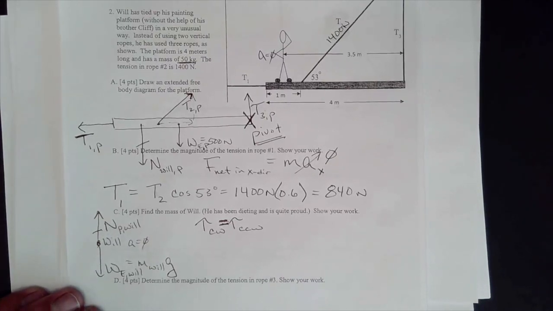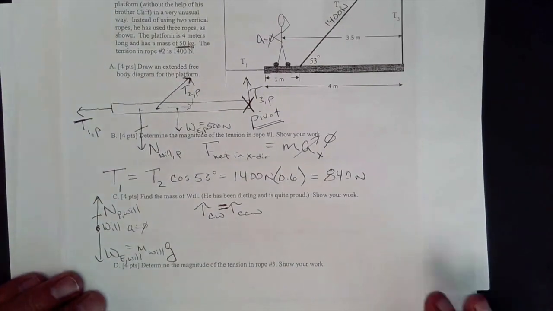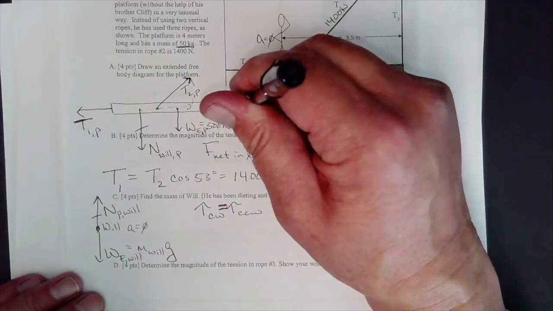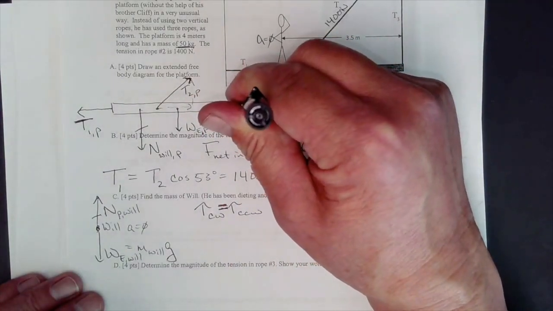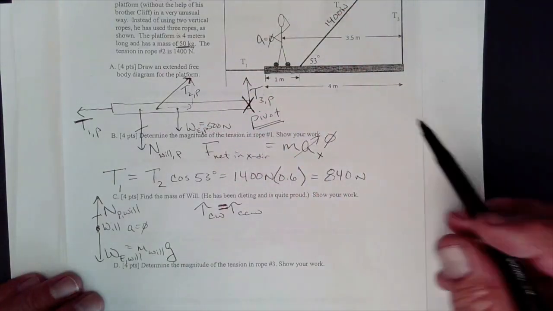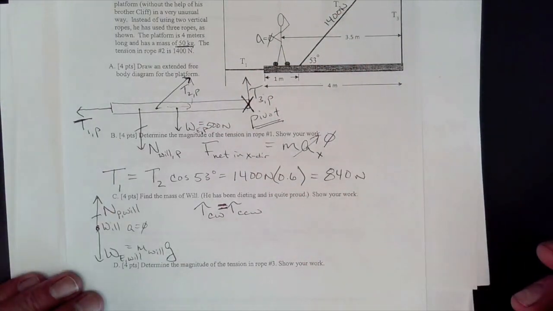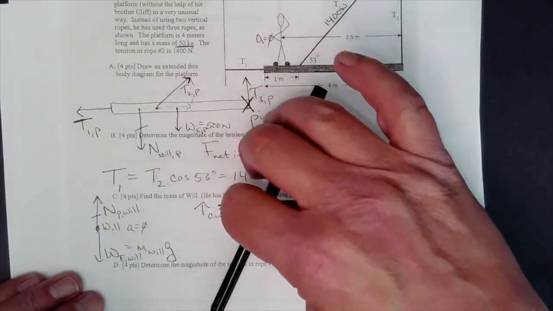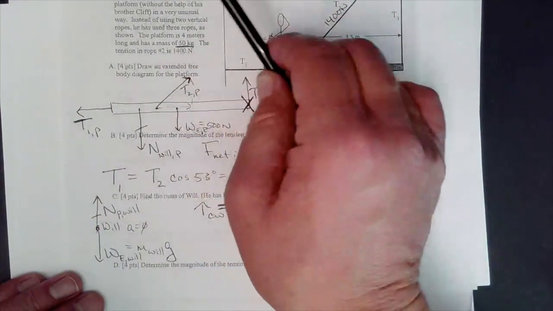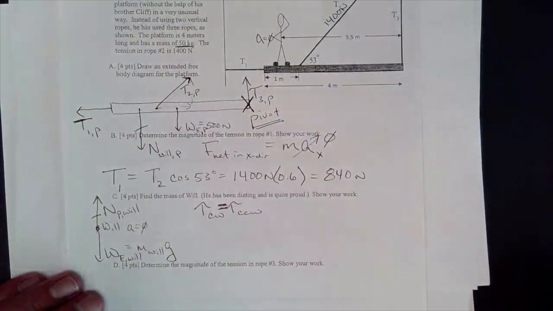Now, how do I choose what's clockwise and what's counterclockwise? Well, again, I use my imagination, and I pretend that a great big golden spike is going right through this platform, right where I've drawn the X. And I pretend that this platform is forced to rotate about that pivot point as if it were a hinge.